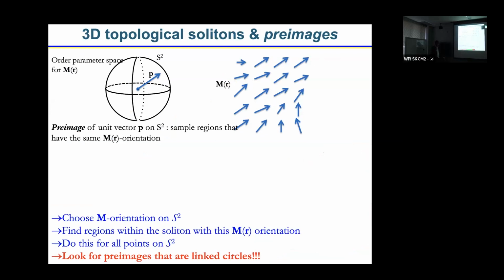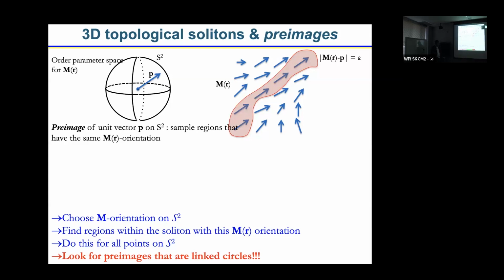And we already discussed that these are the regions in the space where the order parameter takes the same value, which would correspond to a single point of, say, the S2 sphere in this case, where the order parameter space is a unit vector field.